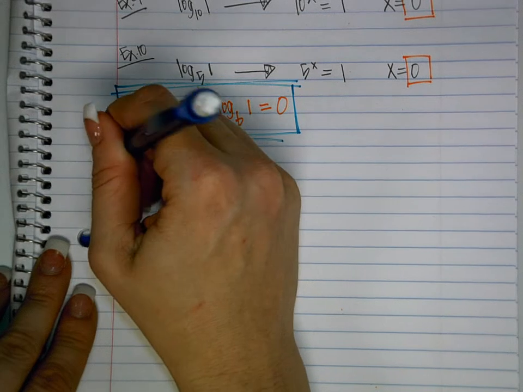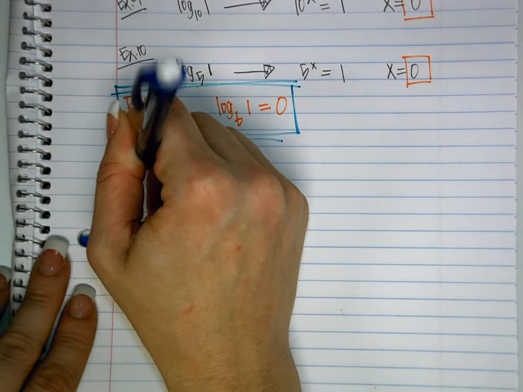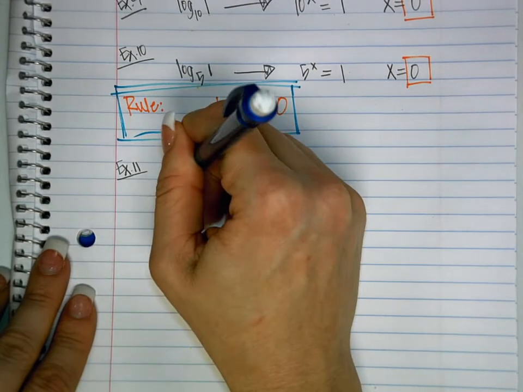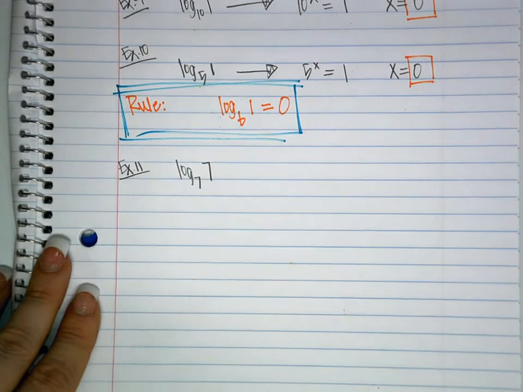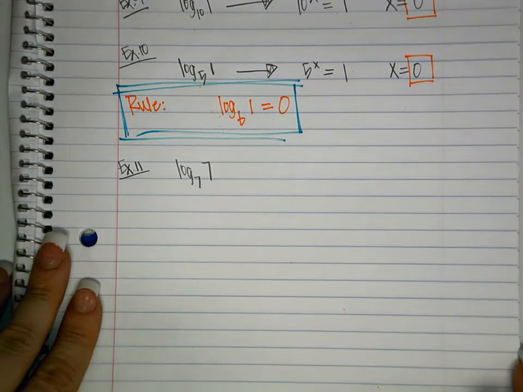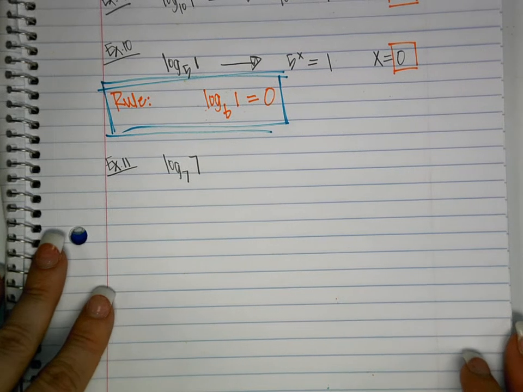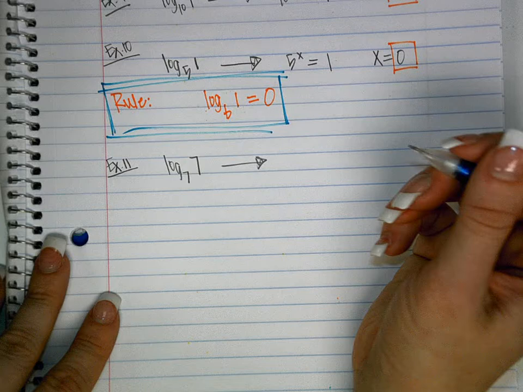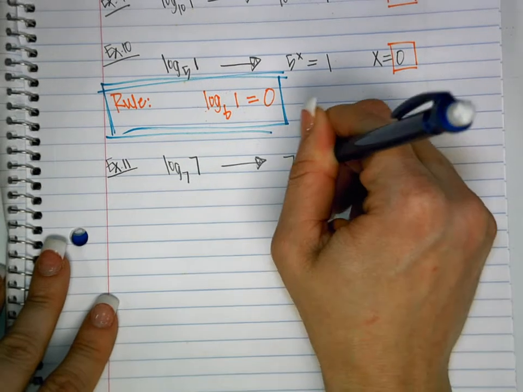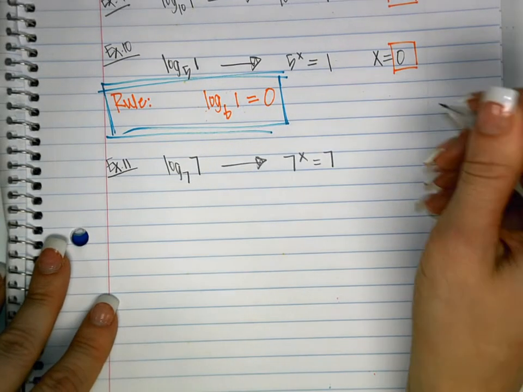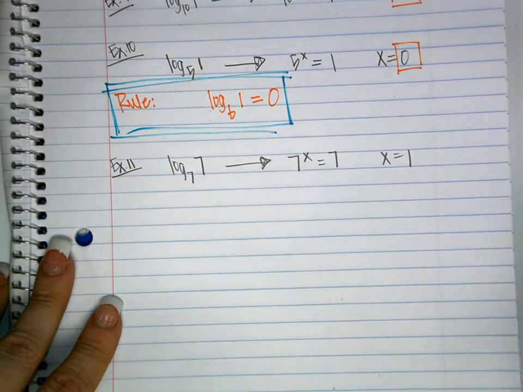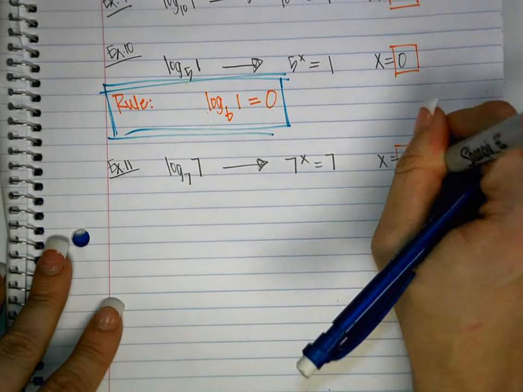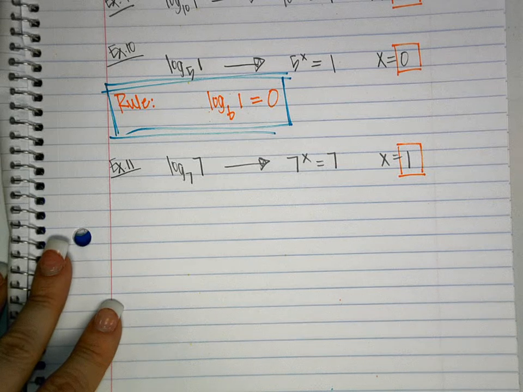Number 11, log base 7 of 7. Simplify log base 7 of 7. If you rewrite this in exponential form, this is 7 to the x equals 7. 7 to what power equals 7? 1. Exactly. Technically, I see this also as being a seagull problem.